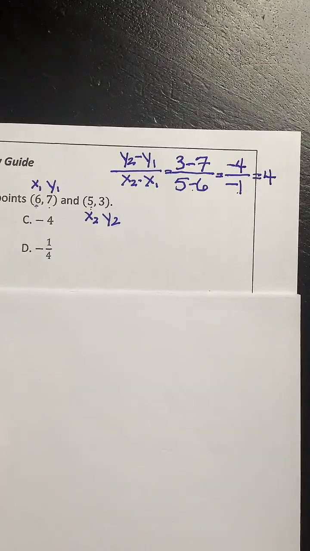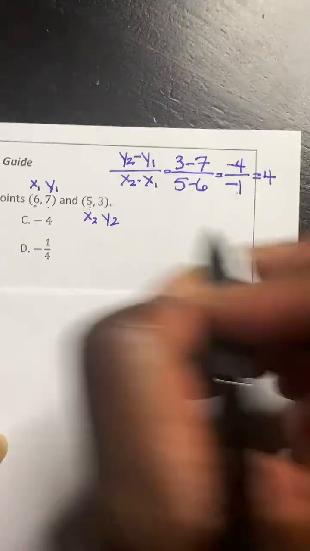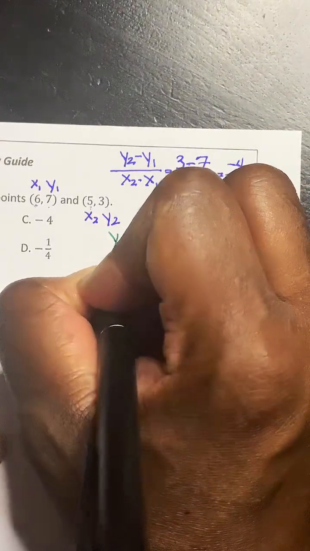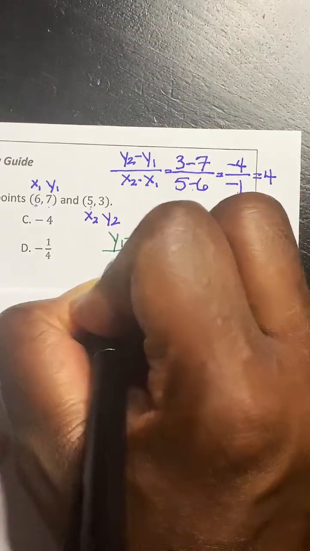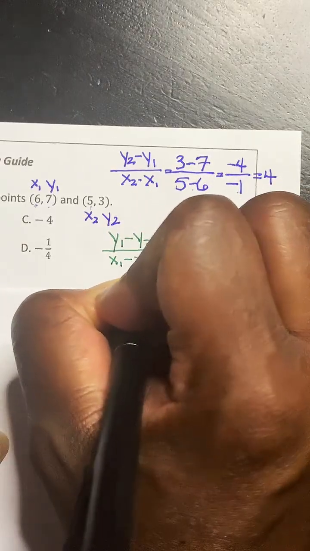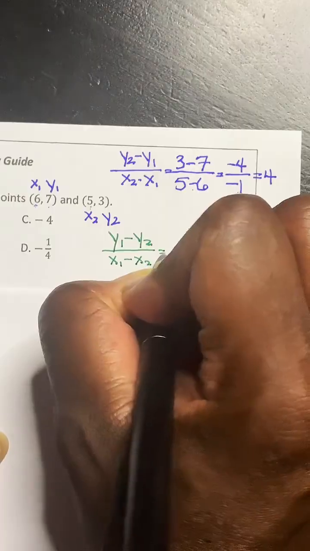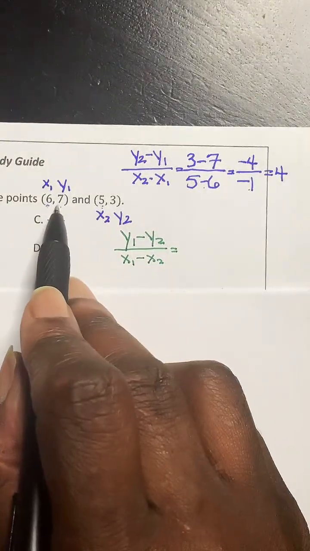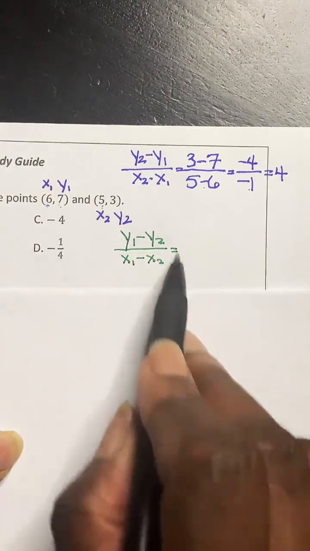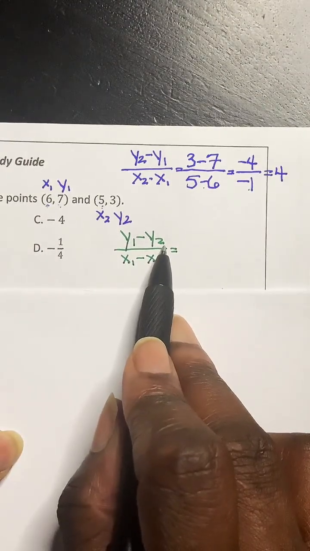Now, what happens if I go the other direction? What happens if I go y1 minus y2 over x sub 1 minus x sub 2? I'm going to start still with the y's. The y's are always going to be the numerator.